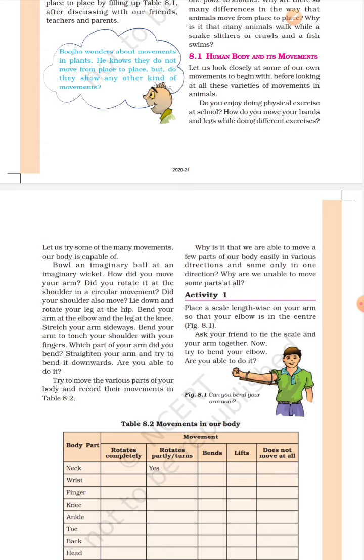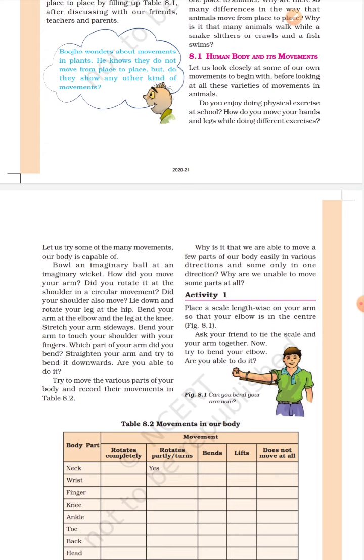Stretch your arm sideways. Bend your arm to touch your shoulder with your finger. Which part of your arm did you bend? So you will observe that we are able to bend or rotate our body in places where two parts of our body seem to be joined together at the joints.